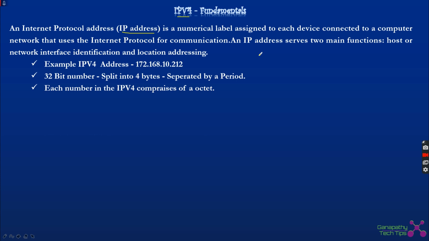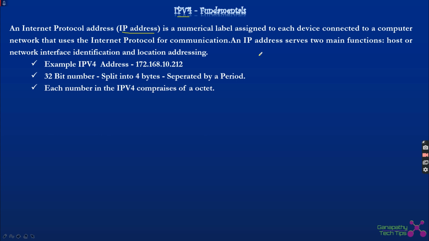We are connecting our computers and laptops to the internet. Each and every device is assigned a specific IP address. That is how the network identifies what that specific device is and where it is. That's how the routing of traffic happens within the network.